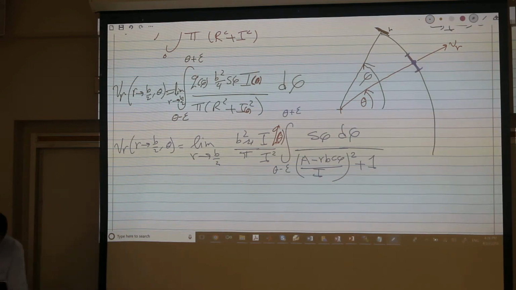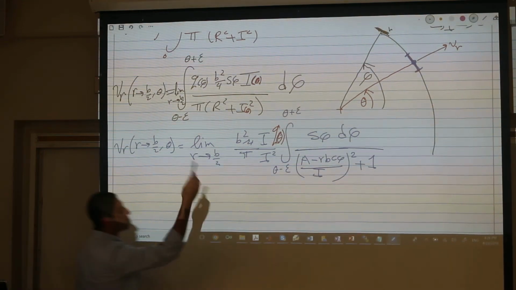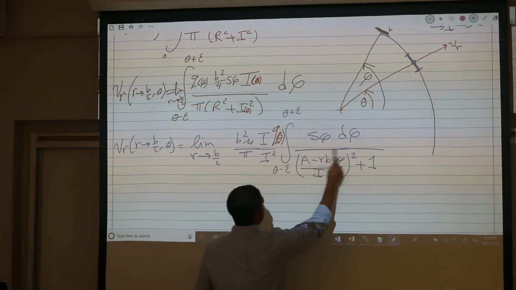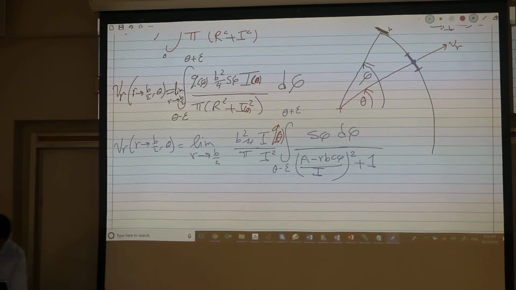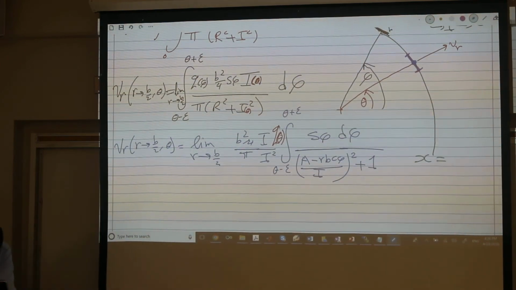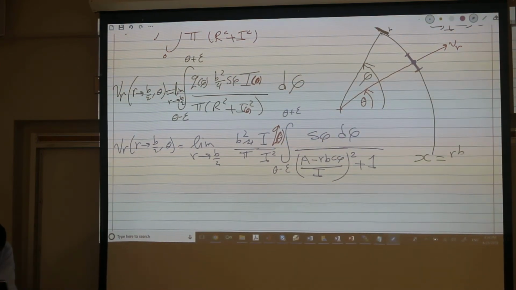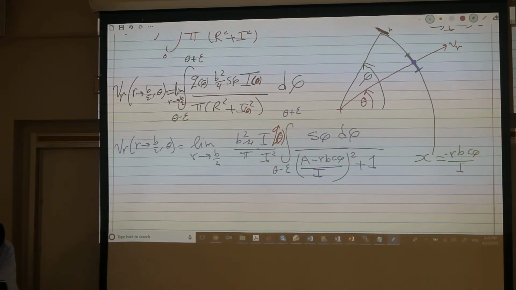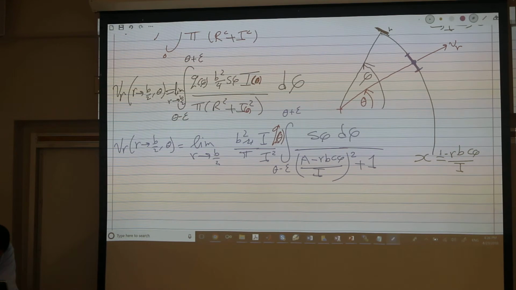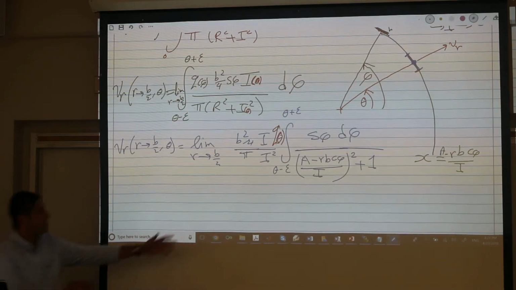I can do a change of variables to make this integral extremely easy. So I'll call all this guy any variable, chi for example. So I'll call chi to be RB minus cosine phi over I. So maybe with the A as well, everything inside.